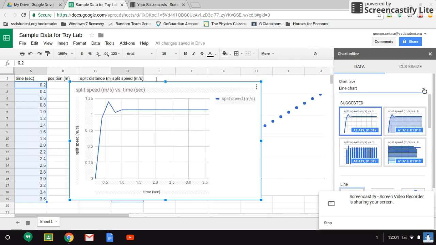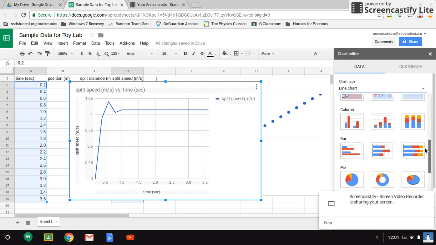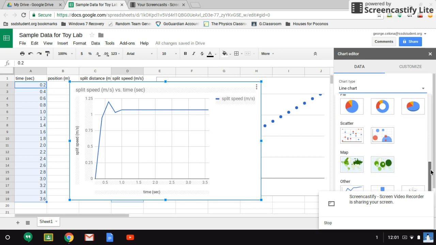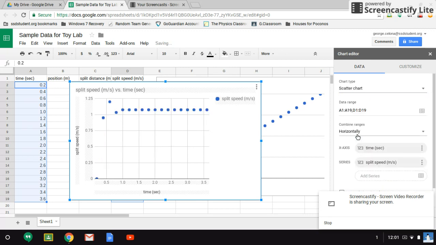No, that's not what I wanted. So here it is. And if you'll notice, my titles and all of that are already in, so I'm good to go. So you're going to need to create a graph just like this. So by tomorrow, you should have a graph of position versus time and a graph of split speed versus time. We'll talk about those in class.